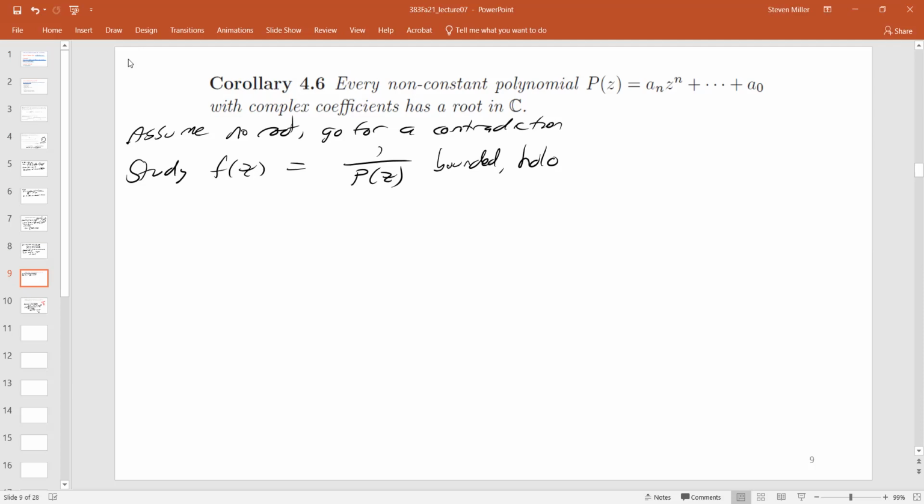So why is it holomorphic? It has no roots, so we can actually just differentiate 1 over p of z. Just use either the power rule or the quotient rule, and everything is fine. So holomorphic is easy. Bounded, a little harder. Okay, so how would we prove that it's bounded?